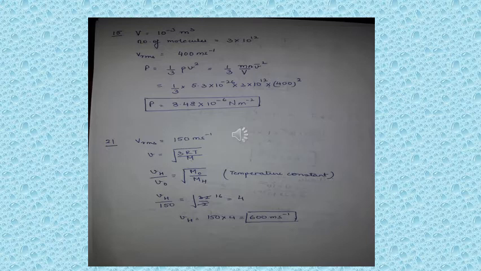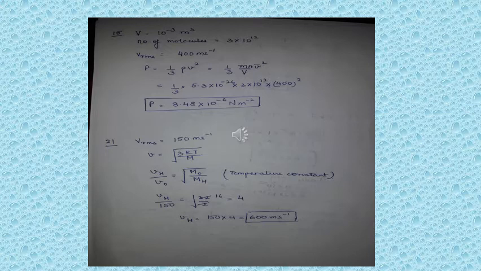Next is question number 21. Now the root mean square velocity of oxygen at a certain temperature is 150 meters per second, and we have to calculate the root mean square velocity of hydrogen at the same temperature. Now the velocity is given as under root of 3RT upon M. As T is constant, the velocity is inversely proportional to the square root of the molecular mass of the substance.